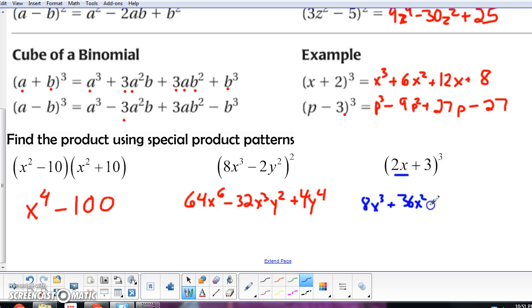Then I have plus 3 times a. Well, 3 times 2x is 6x. Times b squared. B squared is 9 in this case. Times the 6x I already had is going to be 54x. And finally, I take b and cube it, and I get 27 at the end. So there would be my product, the cube of a binomial. There you have it.